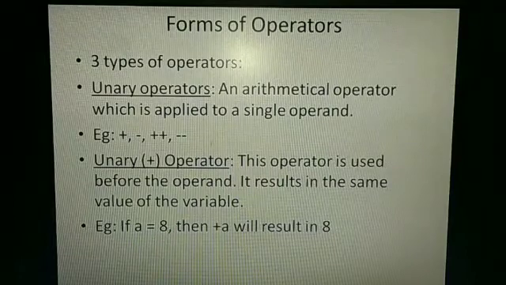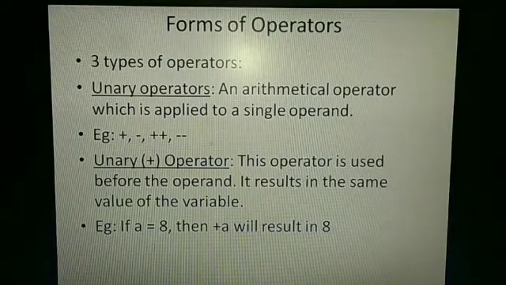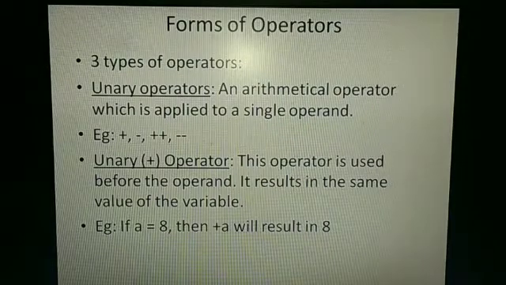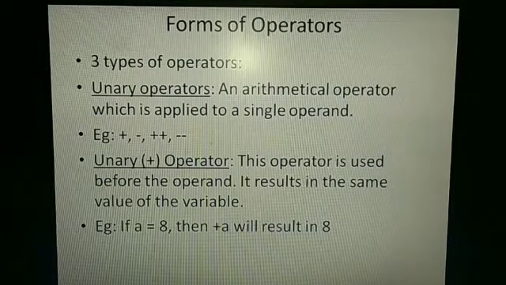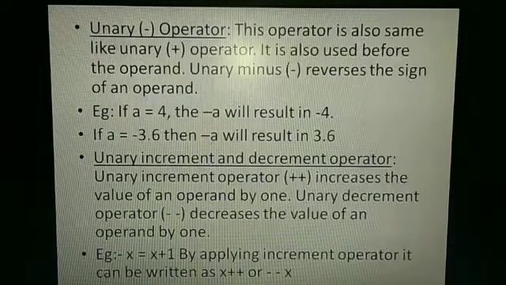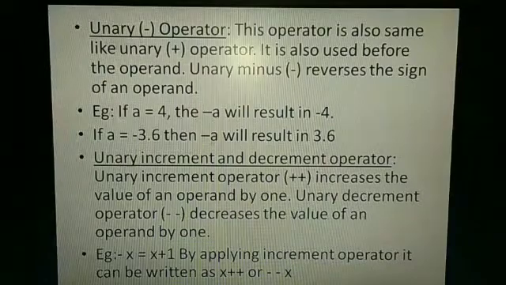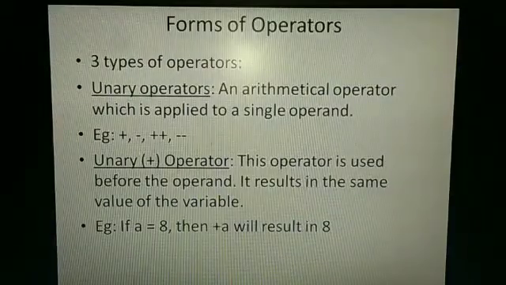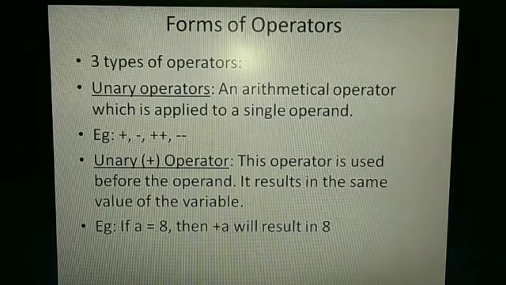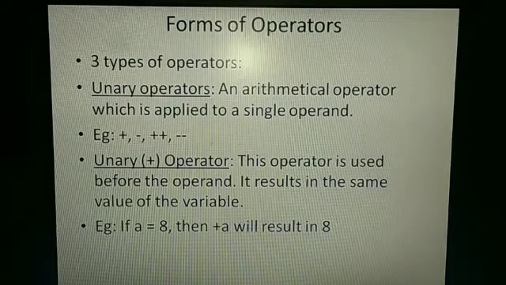I have even told you the types of operators, that is unary plus operator, unary minus operator, unary increment and decrement operator. In your unary operator, this operator is applied to a single operand.